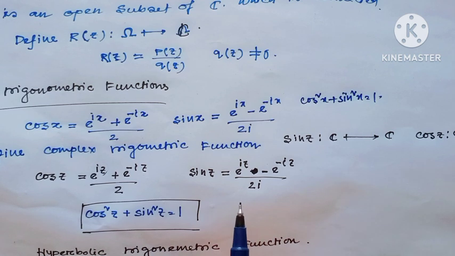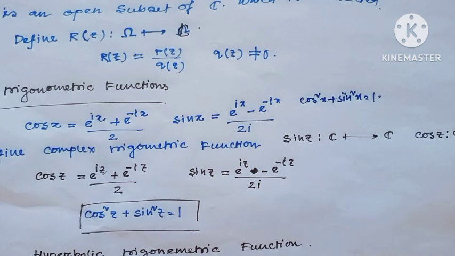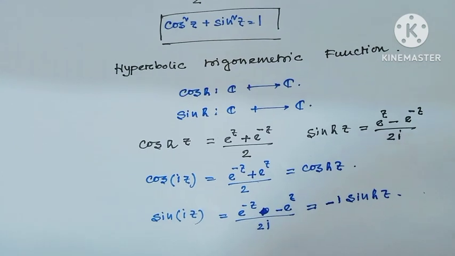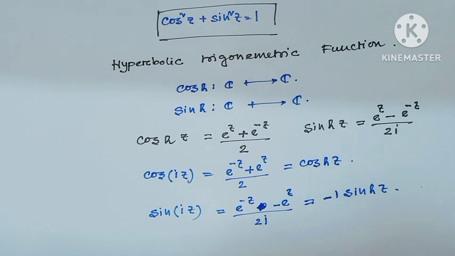Next, I will see what are the hyperbolic trigonometric functions. Cos hyperbolic is defined from complex number to complex number. Sine hyperbolic is also defined from complex number to complex number. Then cos hyperbolic z equal to e to the power z plus e to the power minus z over 2. And sine hyperbolic z equal to e to the power z minus e to the power minus z over 2.